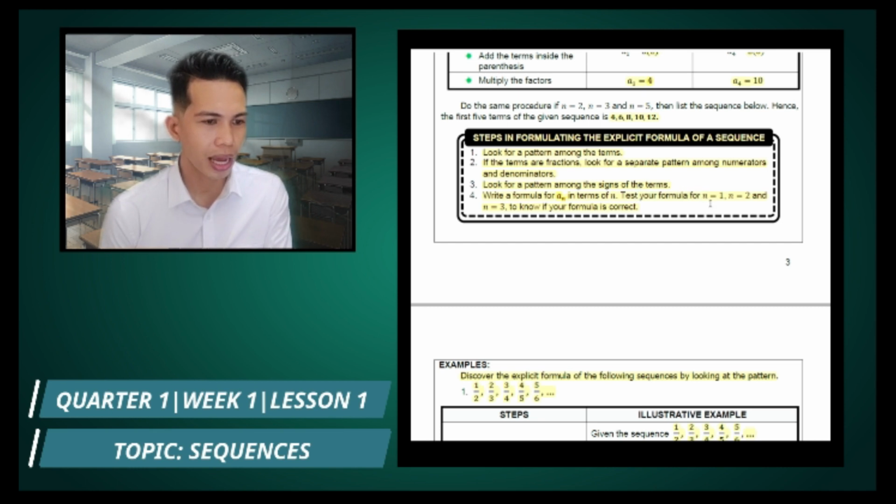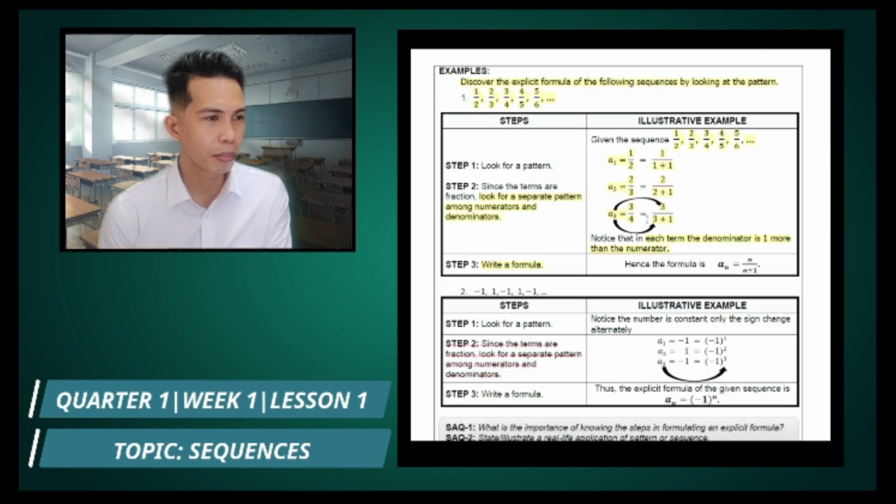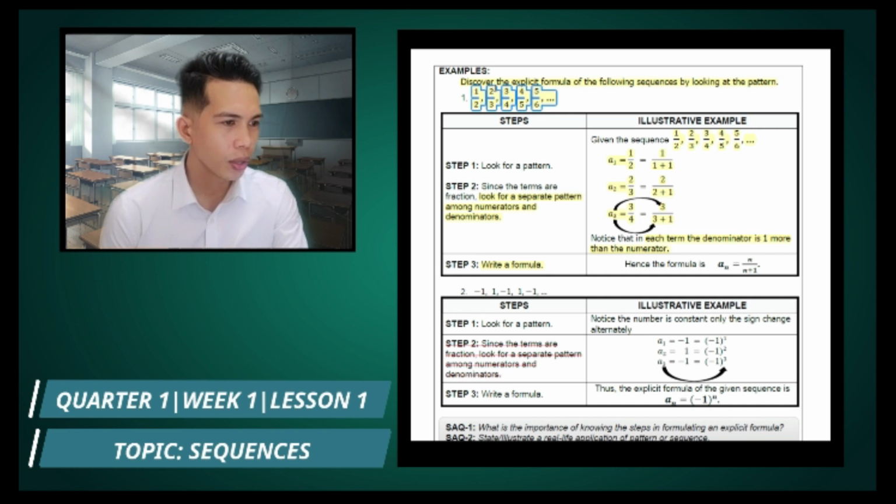Test your formula for n equal to 1, n equal to 2, and n equal to 3 to know if your formula is correct. Now let's have an example. We will discover the explicit formula of the following sequence by looking at the pattern. We have 1 over 2, 2 over 3, 3 over 4, 4 over 5, and 5 over 6, and then we have the ellipsis.